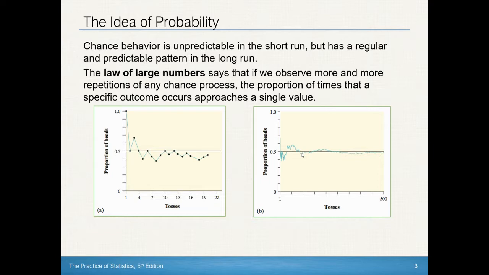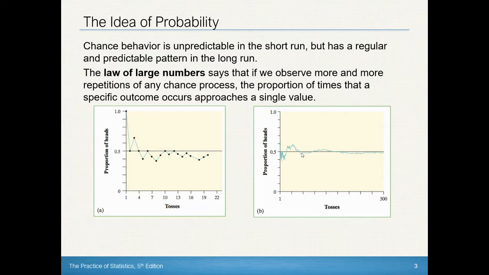We observe these chance processes, here flipping a coin, and over time the proportion of times a specific outcome occurs will approach a single value. It doesn't always have to be 50%. It's 50% in this case because you're flipping a coin and get one outcome or the other.